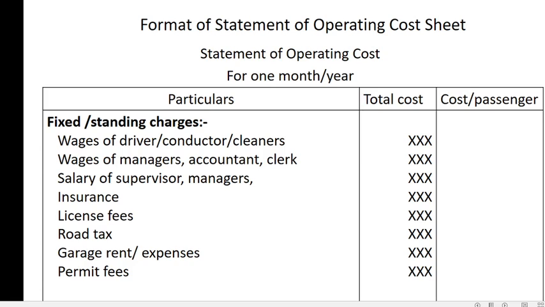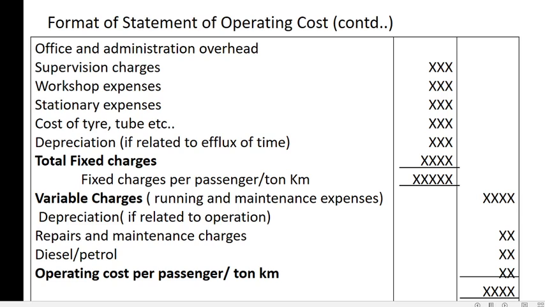The fixed charges taken here are wages of driver, conductor, cleaner, wages of manager, accountant, clerk, salary of supervisor, managers, insurance, license fees, road tax, carriage rent or expenses, permit fees, office and administration overhead, supervision charges, workshop expenses, stationery expenses, cost of tire, tube, depreciation if it is related to efflux of time, and we have the total fixed charges.